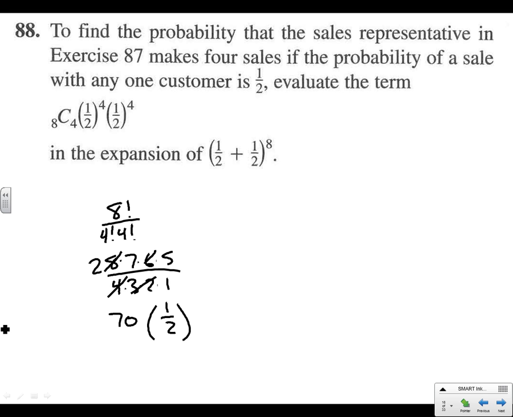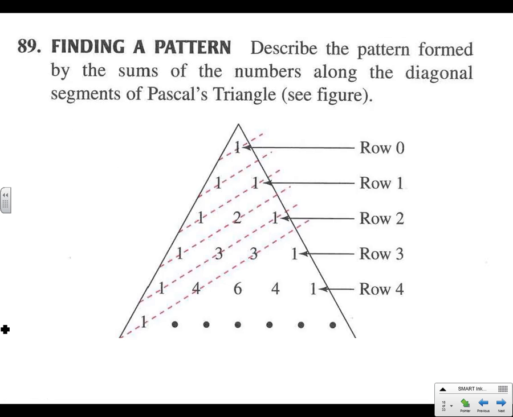And a half to the fourth again is the same as saying a half to the eighth. So let's go straight to that. Times 70. And this person has a little bit better than a 27% chance of making 4 sales is what we're looking for. 0.2734 is what you should get.